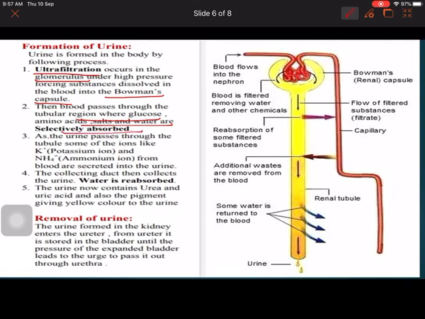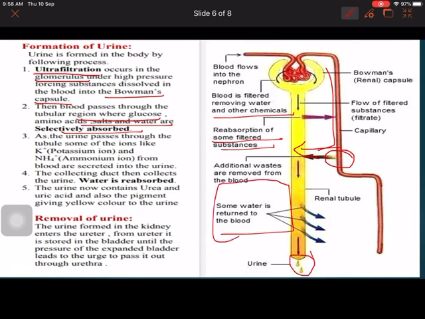As it passes out, blood is filtered, removing water and other chemicals. Some filtered substances are reabsorbed in the PCT part. Some additional waste also comes into the urine, and then water is reabsorbed and some water is returned to the blood.